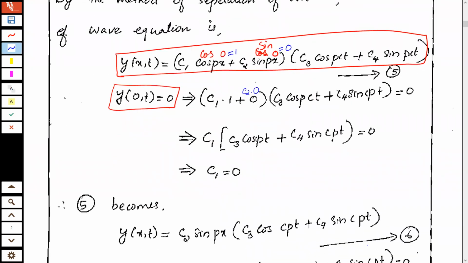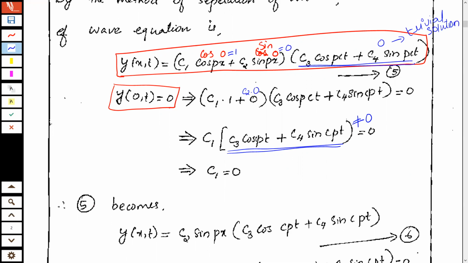Now, c3 cos pct + c4 sin pct cannot be equal to 0, because if it is 0, y(x,t) will automatically become 0, which will lead to a trivial solution of the wave equation. Trivial solution means zero solution.